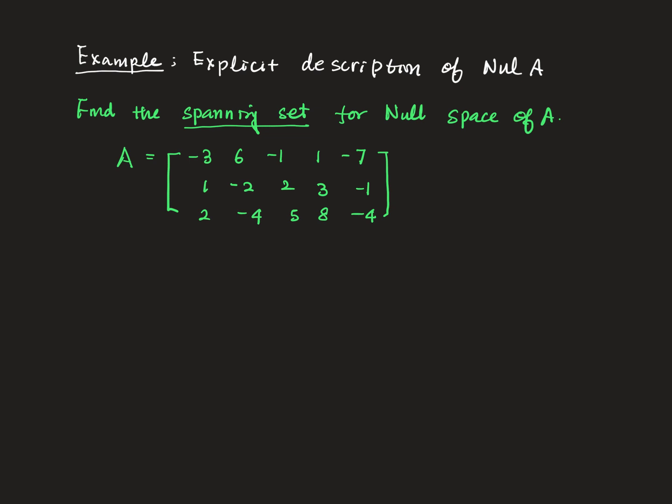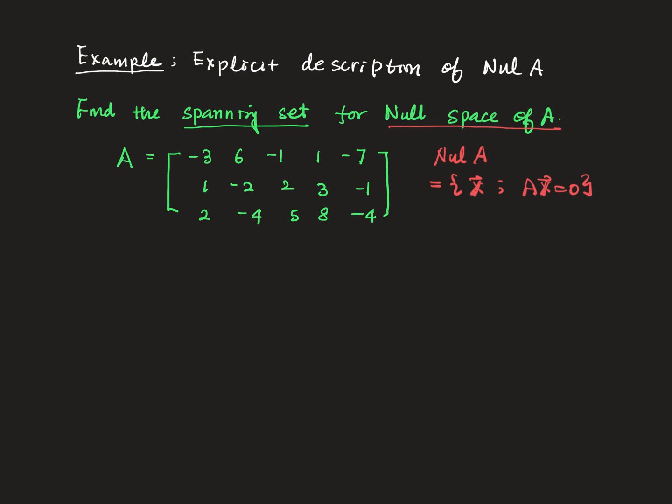So we have to find the null space, right? Null space means you're going to find the vector X such that AX is 0. That's the null space, right?